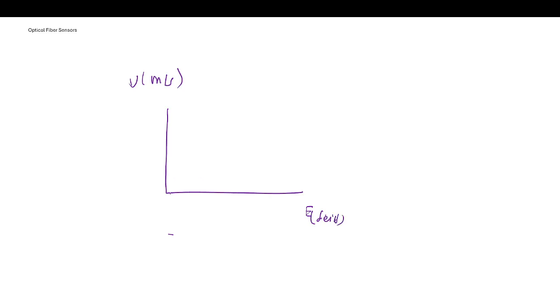Why is it like this, and suddenly it's not like this? Almost it's 10 to the power 5 meter per second. Why is the velocity not increasing if you are giving more electric field also? What could be the reason?